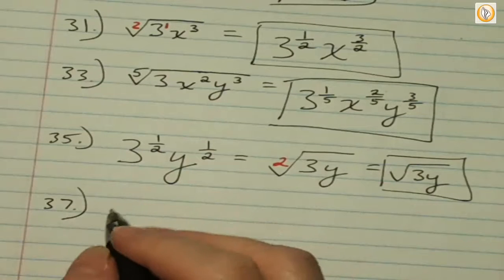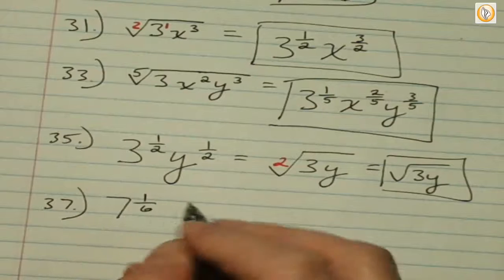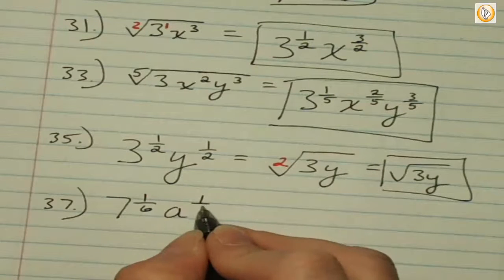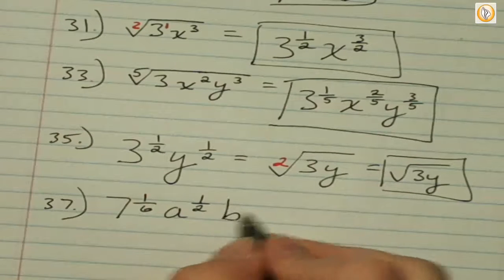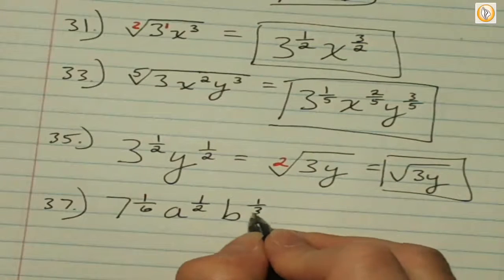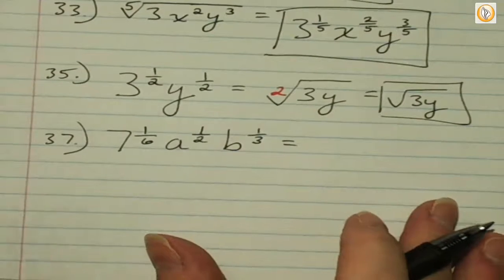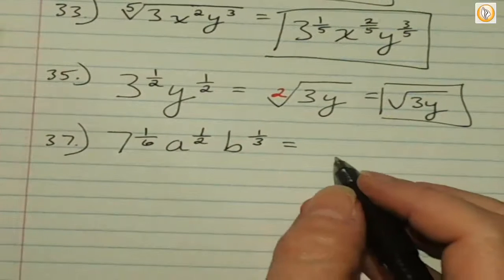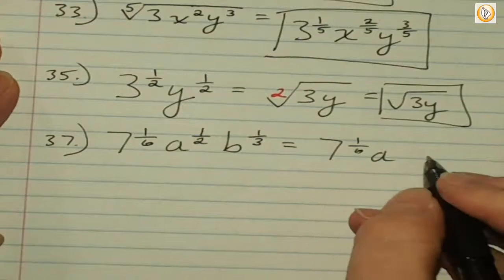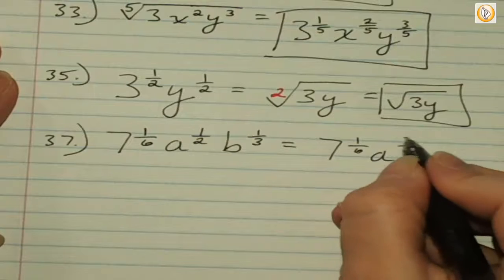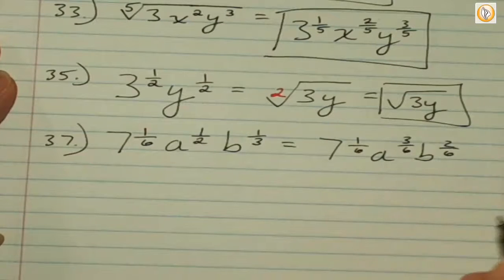Gabby, 37. I have 7 and 1/6, A and a half, and B 1/3. What's the problem here, Gabby? All right, so what would be the common denominator? 7 and 1/6, and A and 3/6, and then B 2/6.